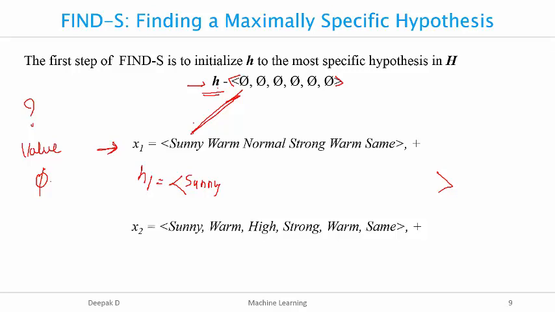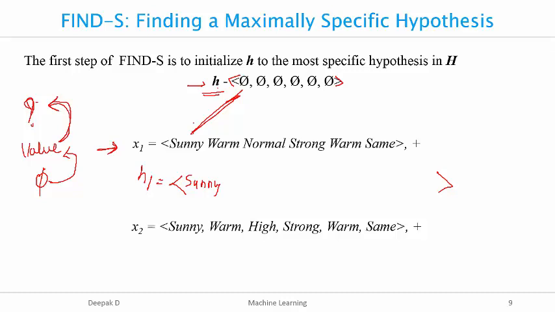When I compare null value with an actual value, the value is more general than null. When I compare the value with the question mark, the question mark is more general, that is, the value is less general than the question mark. So the concept is that I need to replace with the more general constraint.